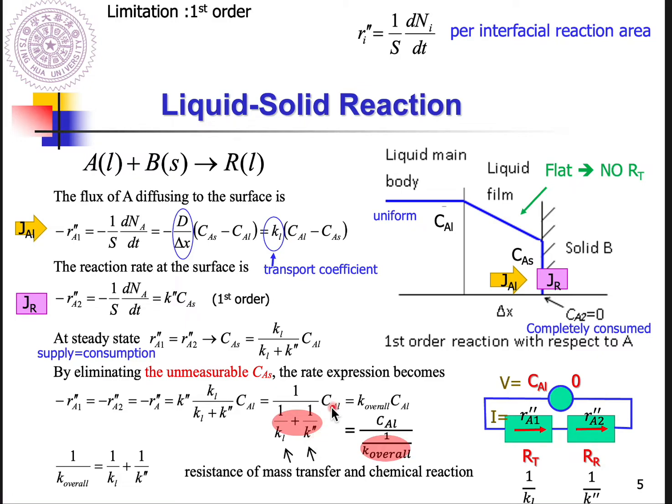Because we know this value, you have the chance to find kL and k double prime by the method we just showed you. kL is related to the diffusivity and delta X. Then you can successfully determine the consumption of reactant A. So you can construct this overall rate equation. Okay, so today we just end here.